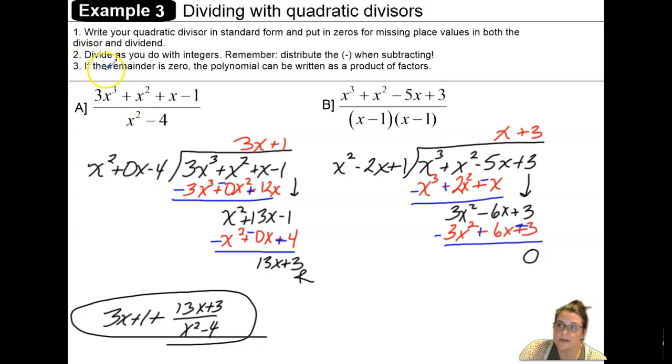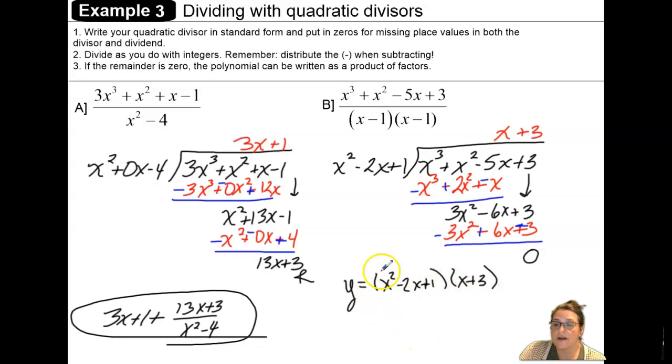So remember up here, step 3, if the remainder is 0, then the factor theorem applies, and I can write this x cubed plus x squared minus 5x plus 3 as a product of factors, where the factors are the divisor, x squared minus 2x plus 1, that's my divisor, and my quotient, x plus 3.